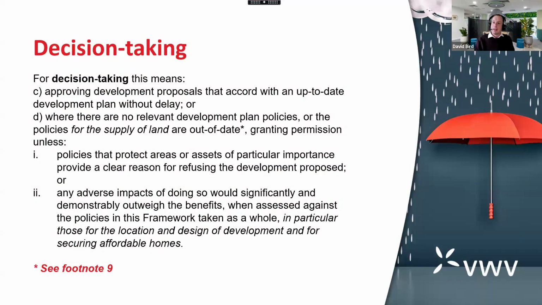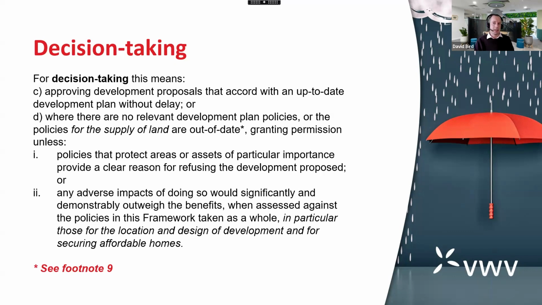And the second part of paragraph 11 looks at decision taking. This means if you are making a planning application, you can appeal directly to this part of the NPPF to require the planning officer, or indeed the committee, to take account of what it says.